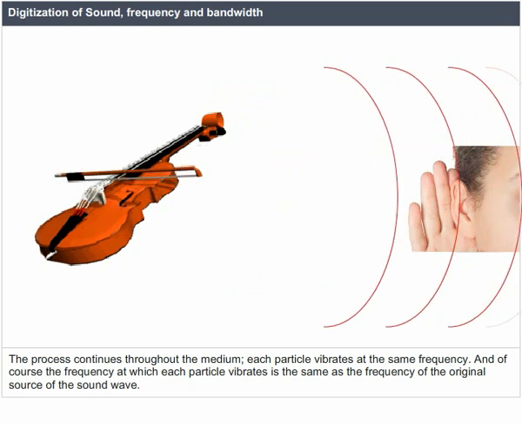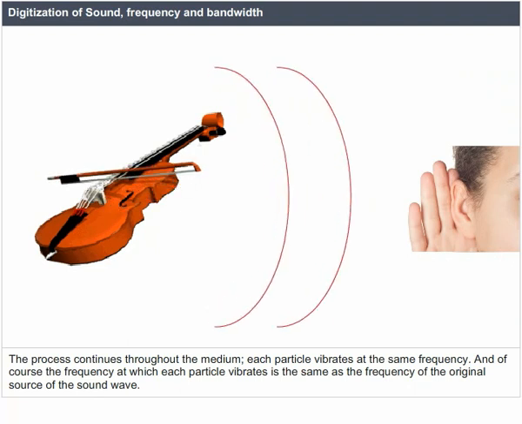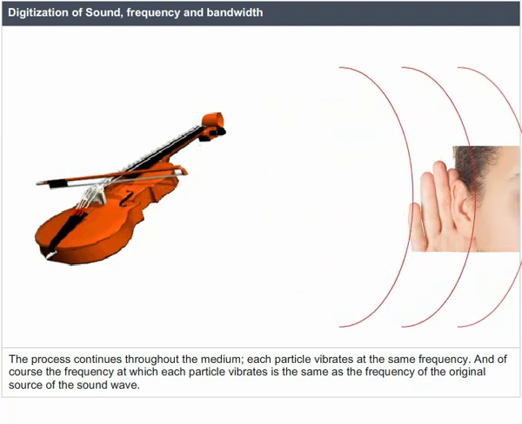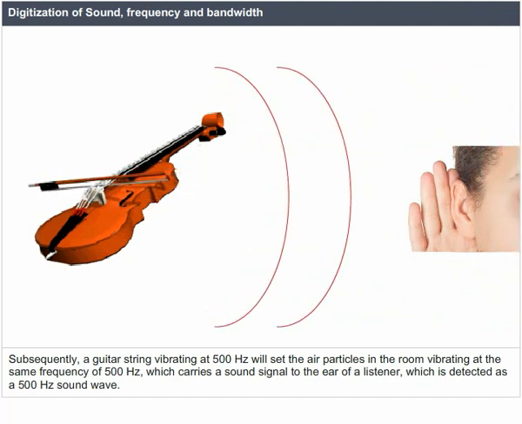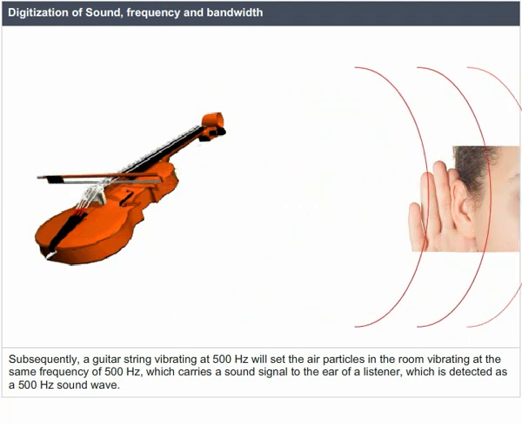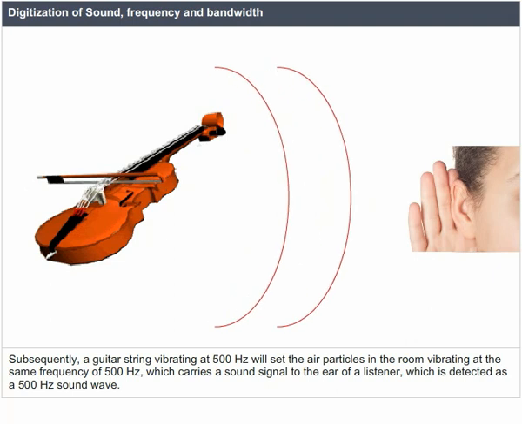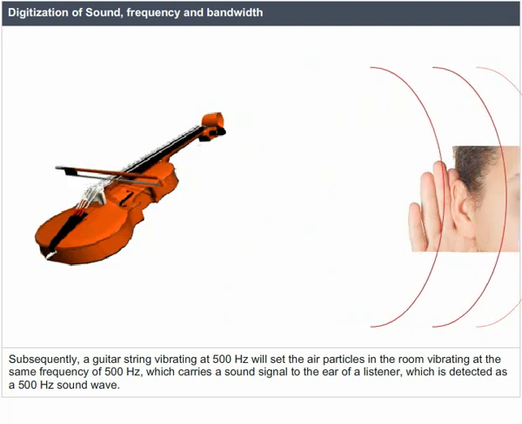Each particle vibrates at the same frequency. And of course, the frequency at which each particle vibrates is the same as the frequency of the original source of the sound wave. Subsequently, a guitar string vibrating at 500 Hz will set the air particles in the room vibrating at the same frequency of 500 Hz, which carries the sound signal to the ear of a listener, which is detected as a 500 Hz sound wave.